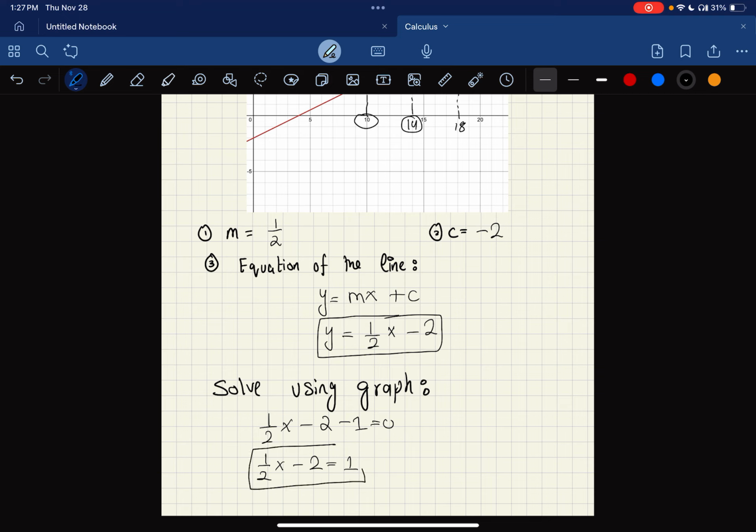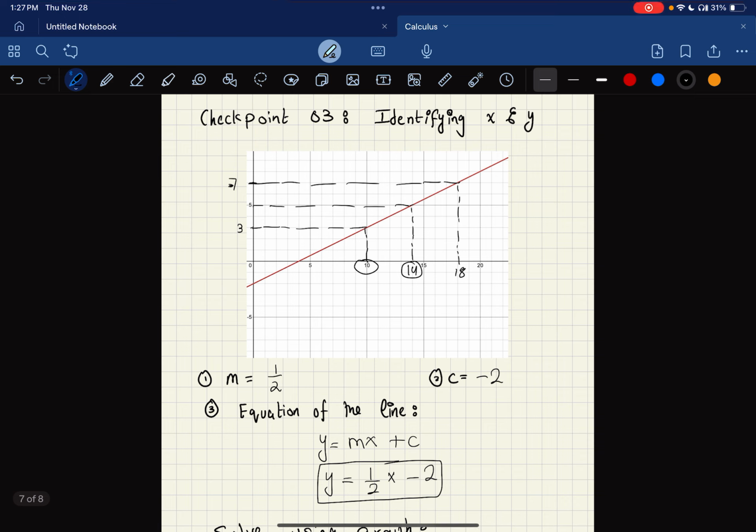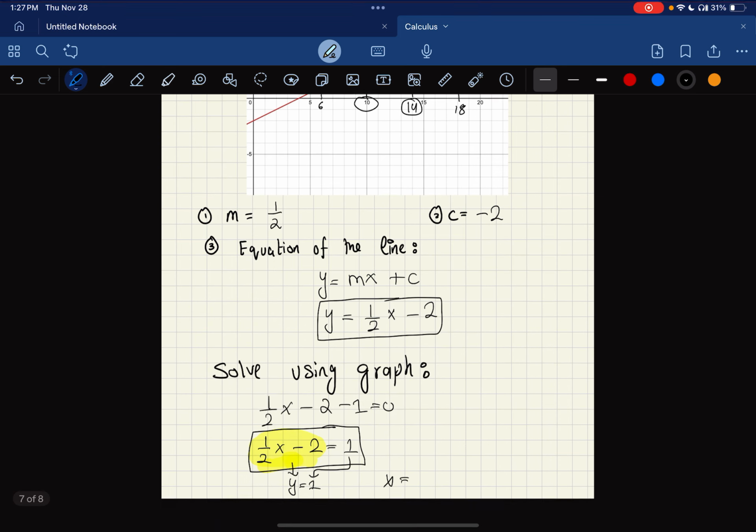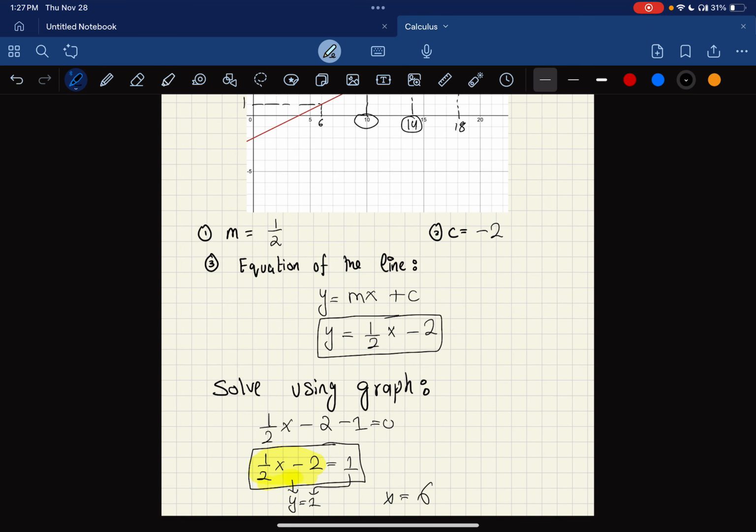Now the nature of this problem has changed back to the kind of problems that we had just finished. So this is again 1 over 2x minus 2, which again represents y. And again this boils down to the problem, when is y equal to 1? Well, y is equal to 1 at this value, and the corresponding value of x is 6 at that point. Okay, so x is going to be equal to 6.